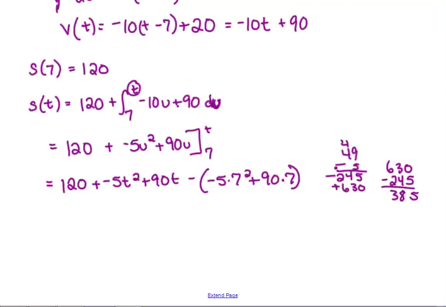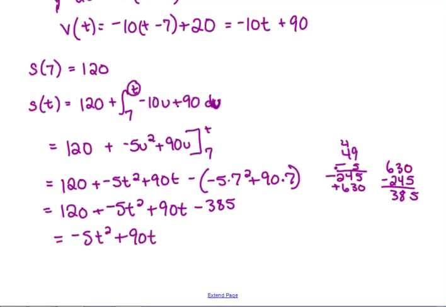Did I miss something? Nope, I'm subtracting that number. Okay. So we've got 120 plus negative 5t squared plus 90t minus 385. So that's negative 5t squared plus 90t minus 265.